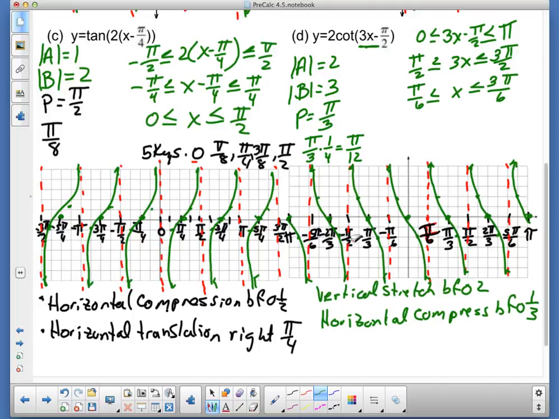And I have a horizontal shift, and it's a horizontal shift of pi over 6 to the right. Okay, so those are the things we got going. We got our graph graphed, and we've taken care of it. So that's where we're at.